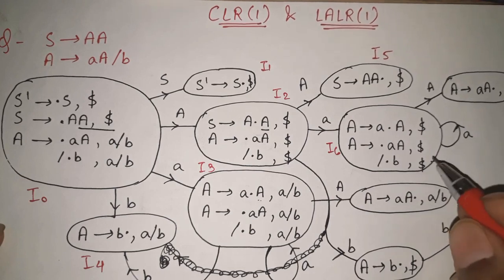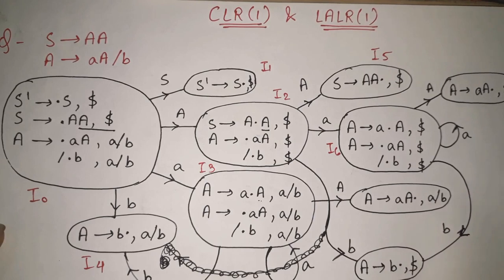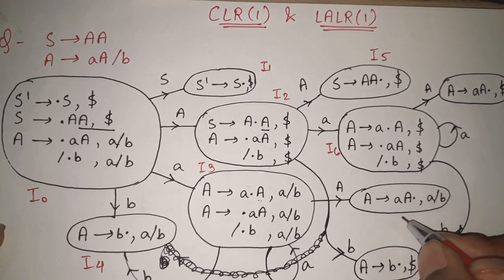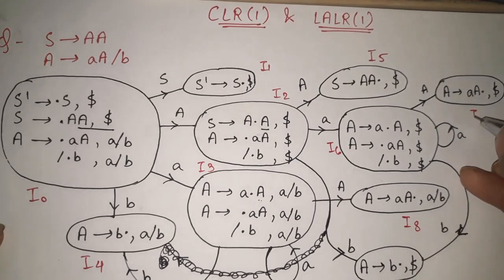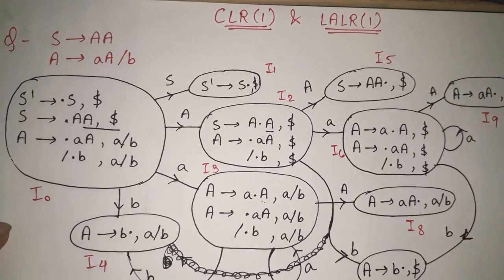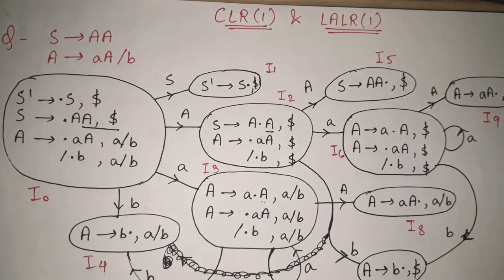From B, from this we are going here, right? So let's name it I7, let's name it I8, and this is finally I9. So here, yes, we are getting these many states from I0 to I9. Right, we are getting 10 states from I0 to I9.